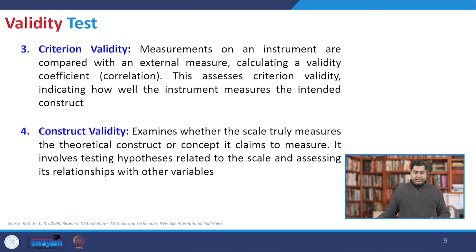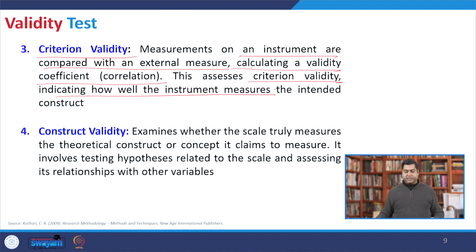The next validity test is criterion validity. Measurements on an instrument are compared with an external measure, calculating a validity coefficient or correlation. In this case, we assess the criterion validity, indicating how well the instrument measures the intended construct.